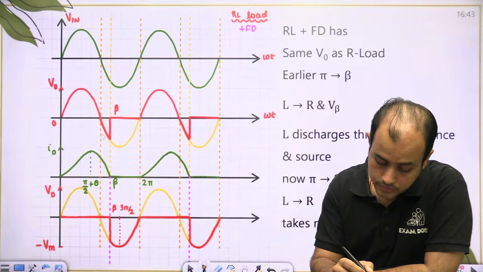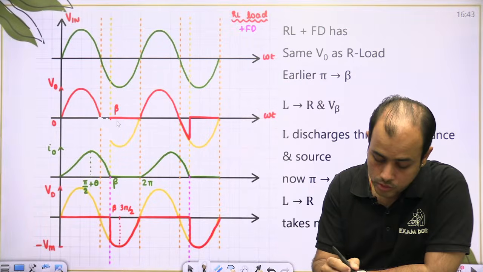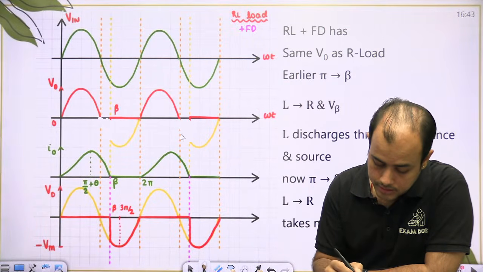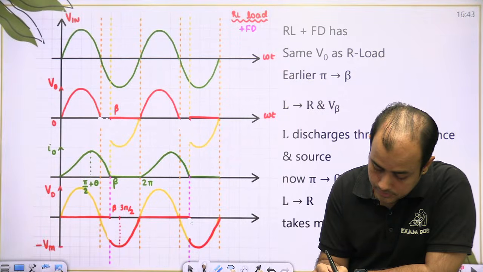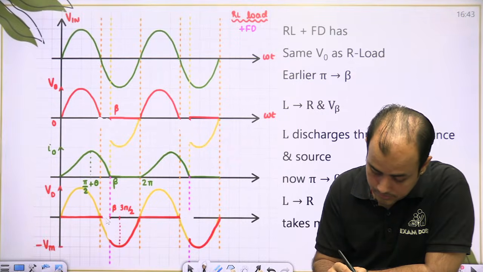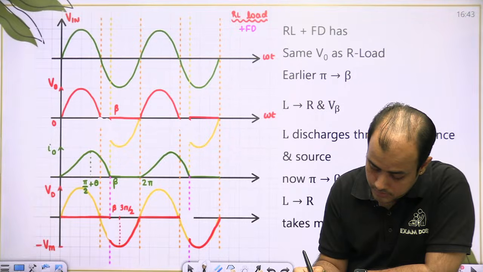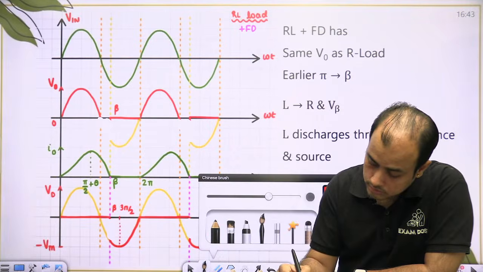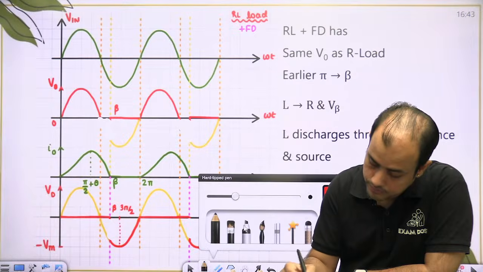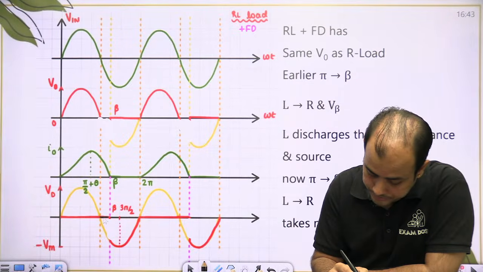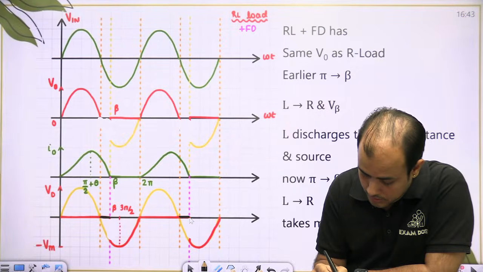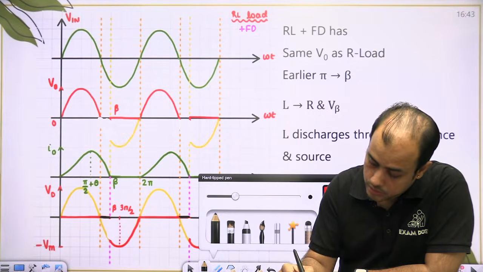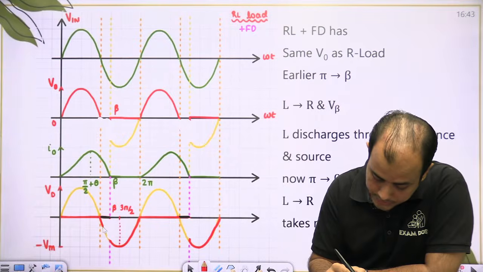Basically, this part of the waveform will be removed. So the diode will conduct from 0 to pi.